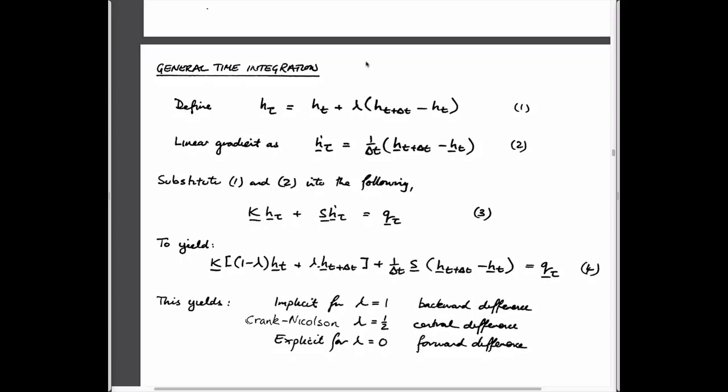So in other words, if lambda is equal to 1, then ht minus ht, this is delta t, then h tau is the same as h t plus delta t, and it's implicit.